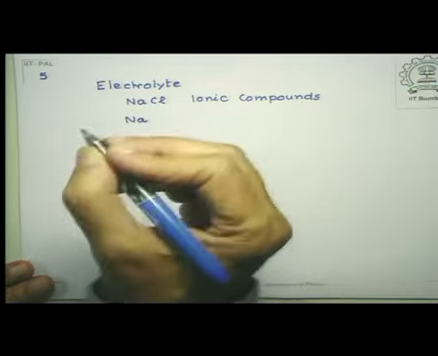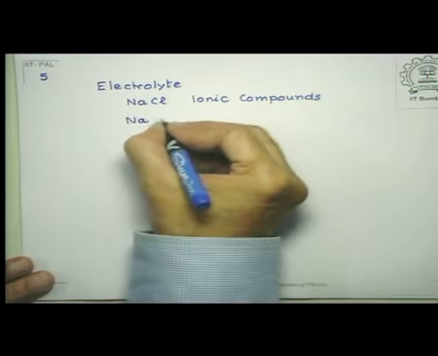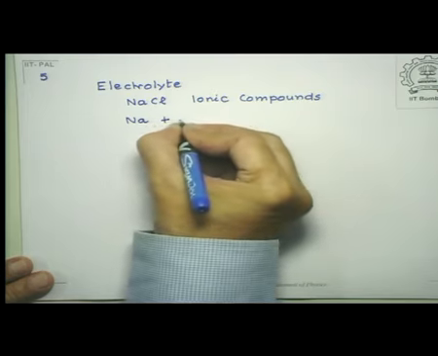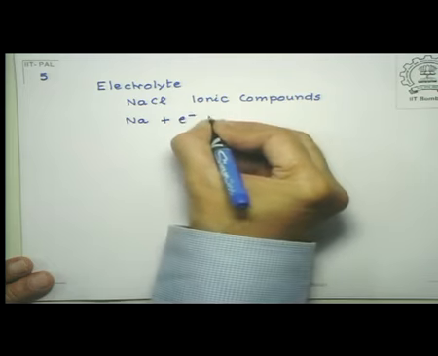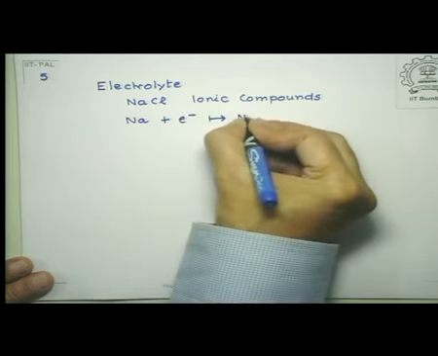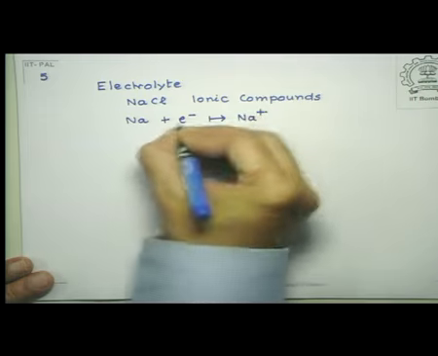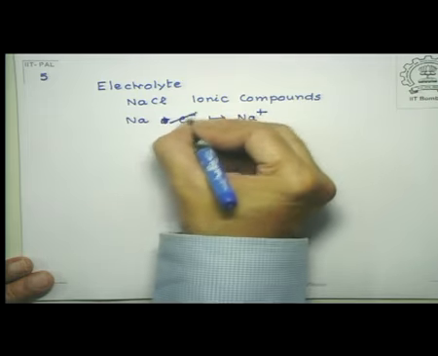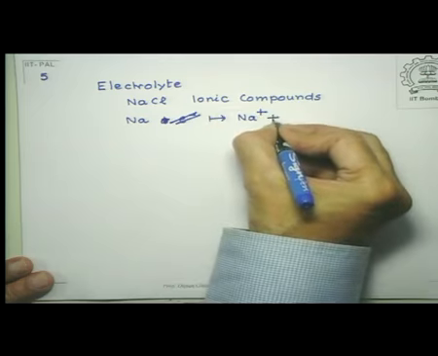And when sodium lost an electron, this is one example which you might have seen there. So basically what happens is that it actually loses an electron and thereby becomes a sodium plus. So I should probably write it as Na minus electron gives Na plus.